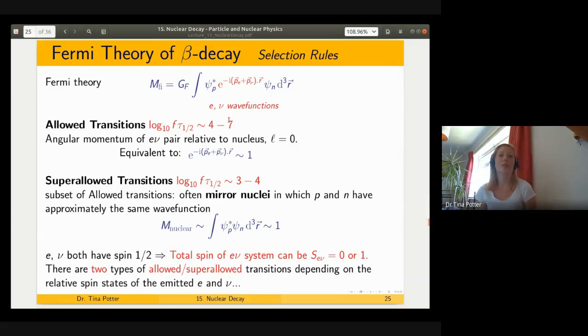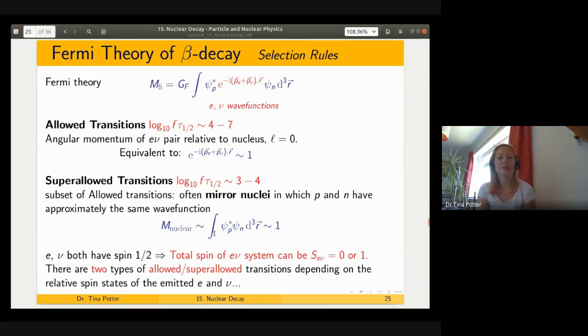For our super allowed transitions, those that have even smaller comparative half-lives, we find that this is usually the case for mirror nuclei, where we have our proton and our neutron with a very similar wave function.